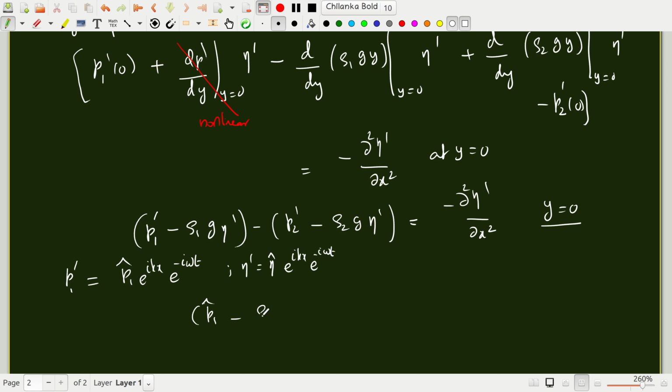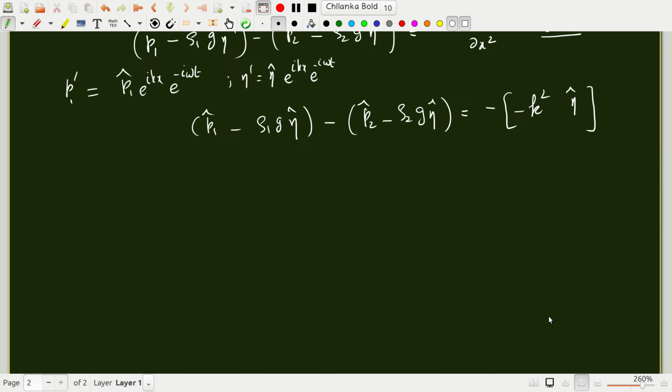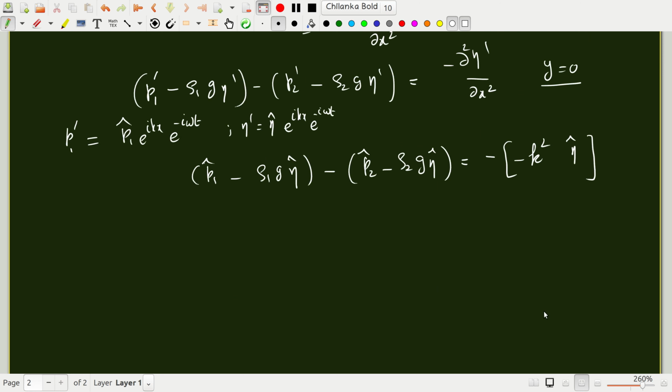So I get P1 cap minus rho 1 g eta cap minus P2 cap minus rho 2 g eta cap is equal to, there is already a negative, and if I take the second derivative of eta prime, I'll pick up i k times i k, which is minus k squared times eta cap. So this is the normal stress balance.